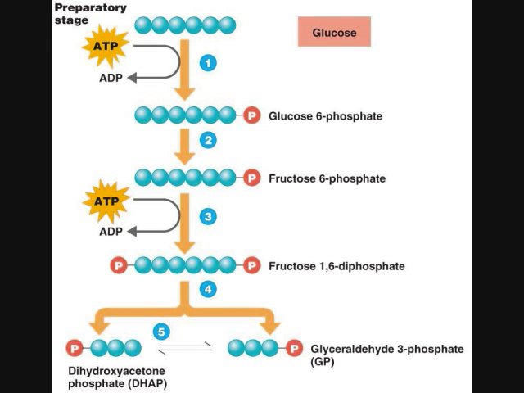Glucose, with the use of ATP, is transformed to glucose 6-phosphate, which then transforms to fructose 6-phosphate. Again, with the use of ATP to ADP, it transforms to fructose 1,6-bisphosphate. It then is transformed into dihydroxyacetone phosphate and glyceraldehyde 3-phosphate.